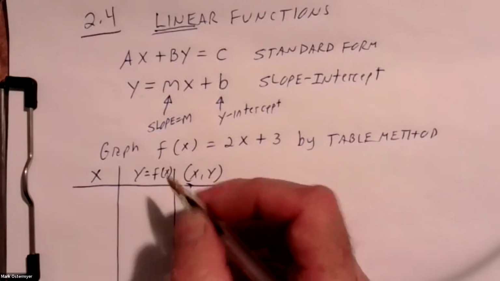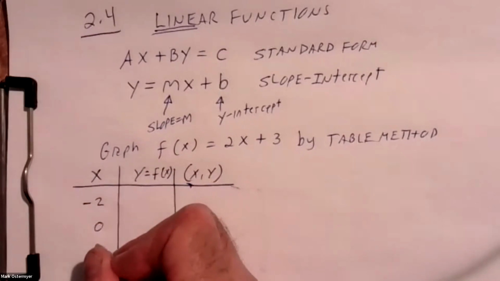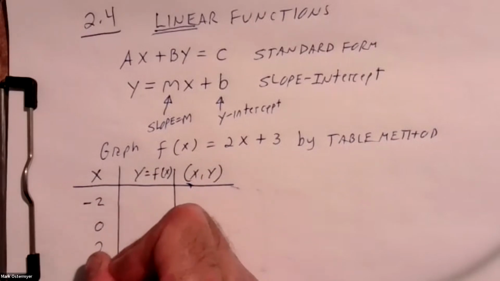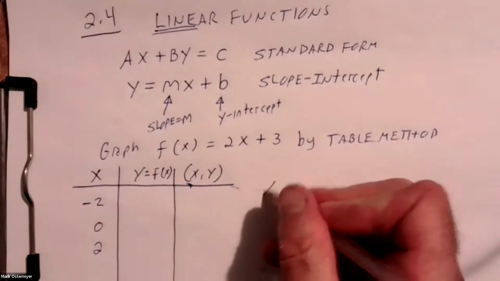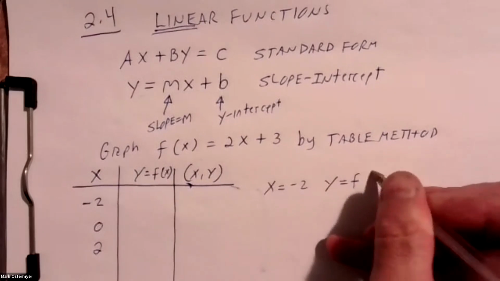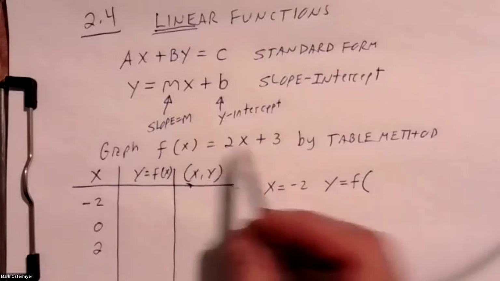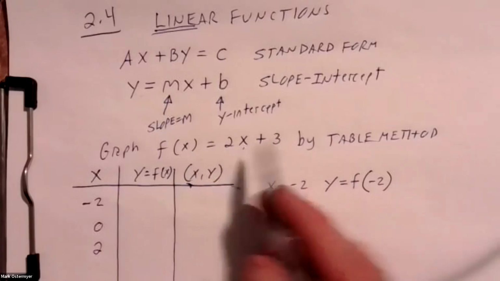I'm going to choose x to be -2, 0, and then positive 2, okay? So if x is equal to -2, to find y, y being f of x, y is really going to be my function f of x evaluated at -2. Which means I put -2 in for x.